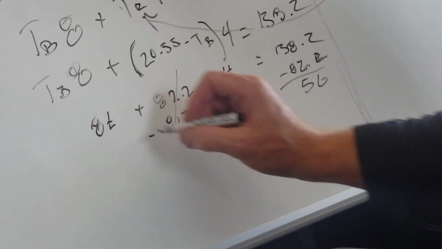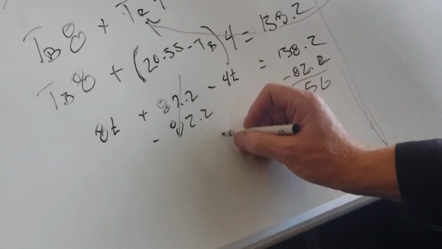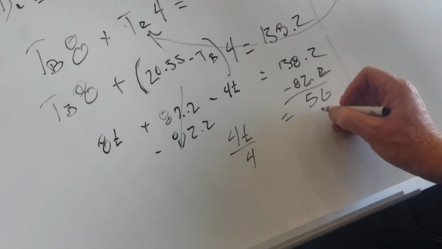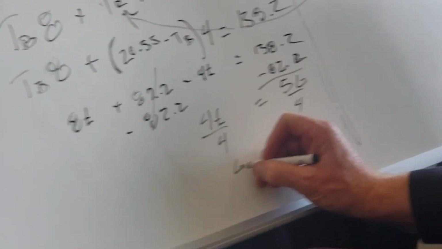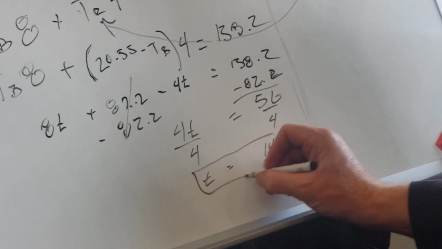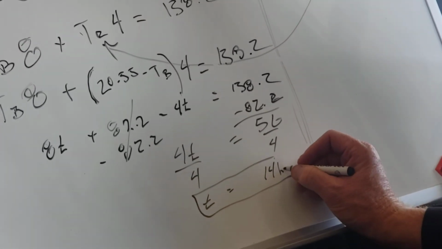And what's 8t minus 4t? 4t. So 4t equals 56, divided by 4, t equals 14 hours.